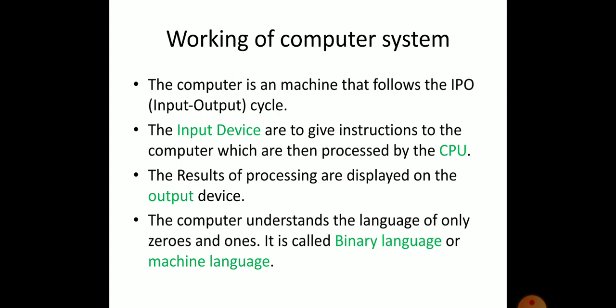It gives instructions to the computer, which are processed in the CPU, and the result of that processing data is displayed on the output device. Whatever instruction you give by the input device is processed in the CPU and displayed on the output device.